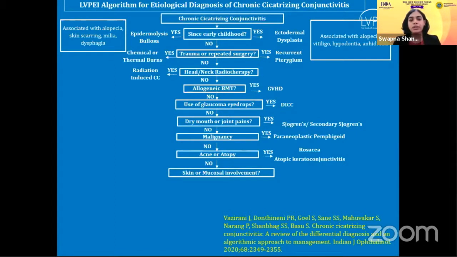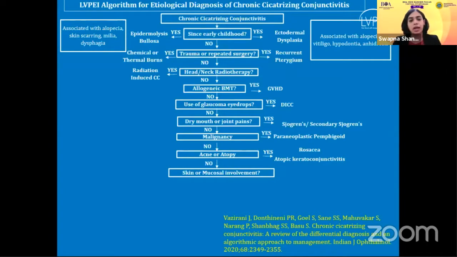Again, use of glaucoma eye drops can cause drug-induced cicatrizing conjunctivitis, and a history of dry mouth or joint pains can lead to Sjogren's or secondary Sjogren's. But the patient gave us no history of any of these.